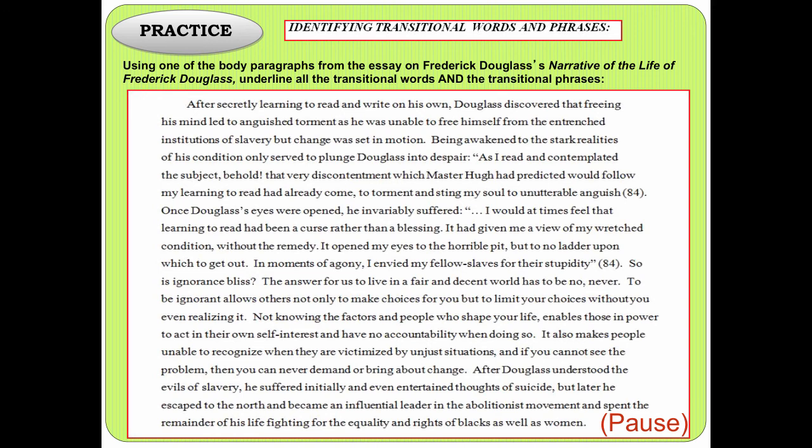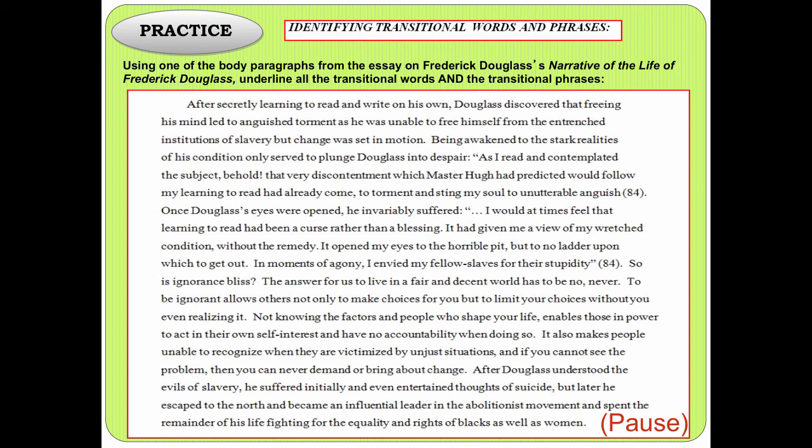So is ignorance bliss? The answer for us to live in a fair and decent world has to be no, never. To be ignorant allows others not only to make choices for you, but to limit your choices without you even realizing it. Not knowing the factors and people who shape your life enables those in power to act in their own self-interest and have no accountability when doing so. It also makes people unable to recognize when they are victimized by unjust situations.